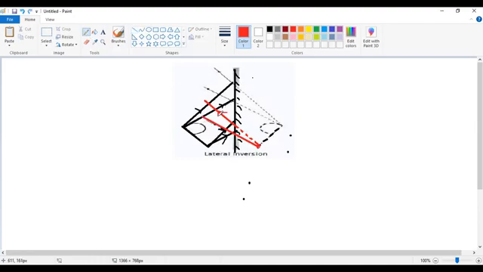And draw the arrows of reflected rays and then take an eraser and make the ray behind the plane mirror dotted. In a similar way, you will draw the ray from the point of incidence behind the plane mirror and produce it in forward direction. Similarly, for the last ray, we will draw the same thing and then produce it in forward direction.